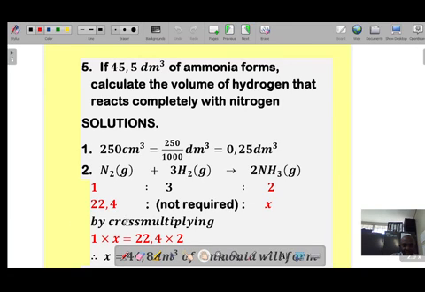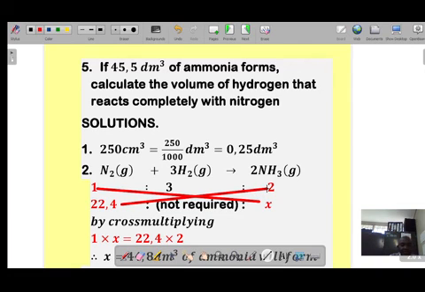Okay. So note something here, guys. You see, this is 1, this is x. So we cross multiply actually here. We do what? Cross multiply. So it's going to be 1 multiplied by x, and then 22,4 multiplied by 2.